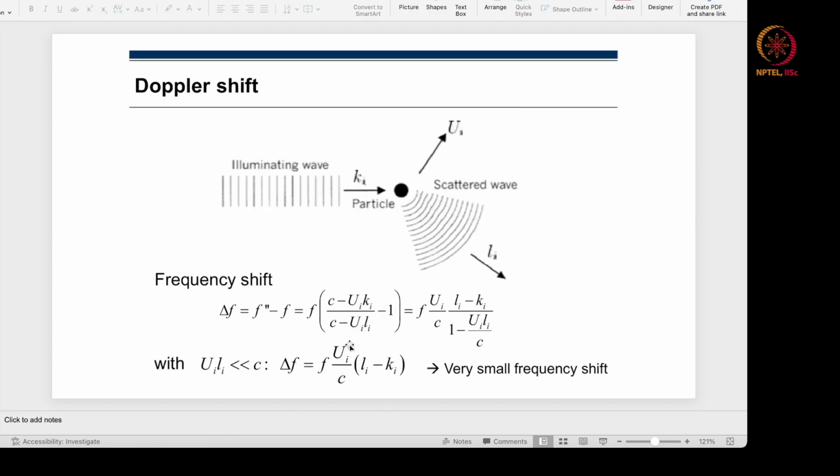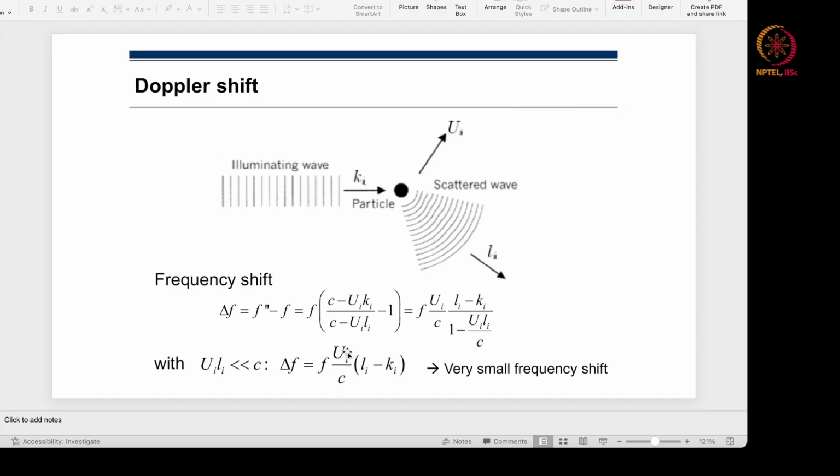These are combined, and this is the final expression you get, with the caveat that ui is much, much smaller than c, the velocity of light. As a result, you get a frequency shift which is very, very small. This frequency is multiplied by ui by c.